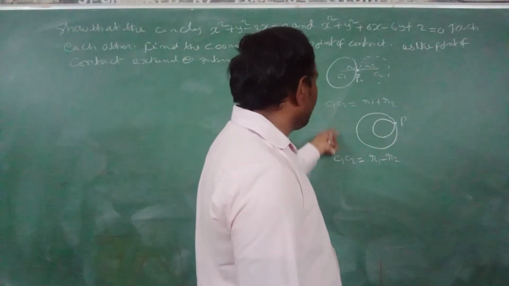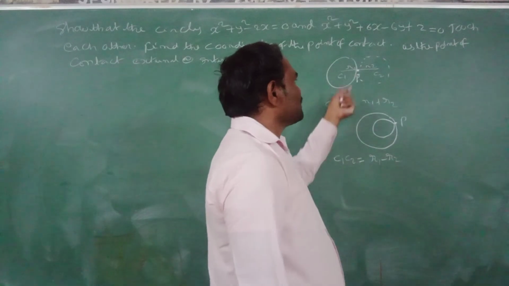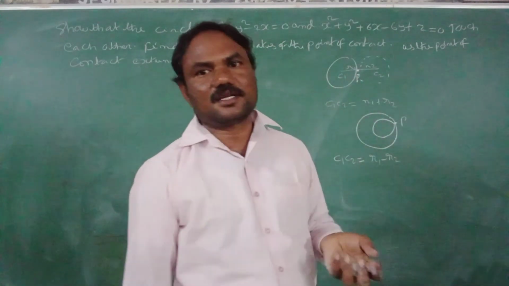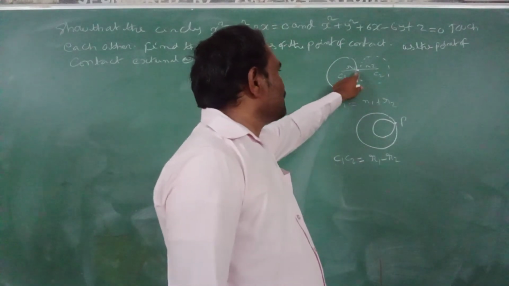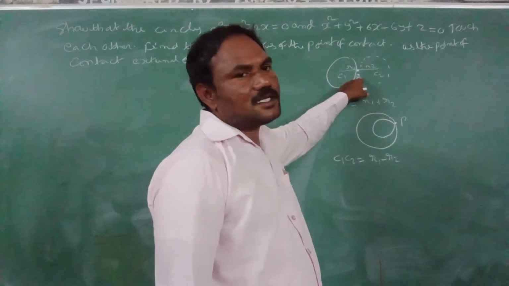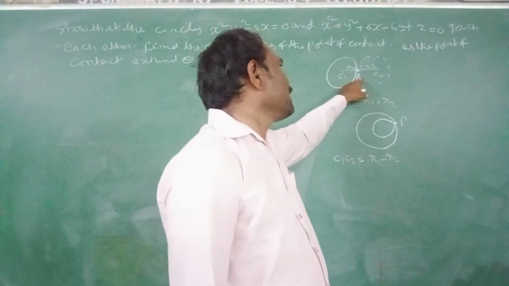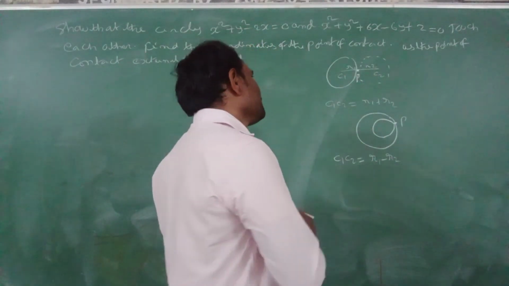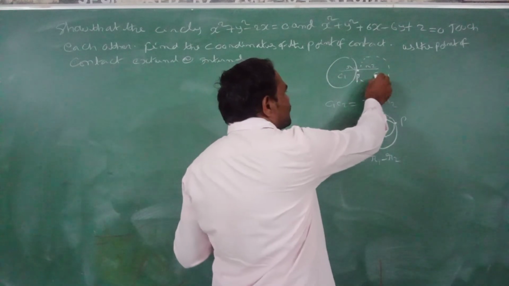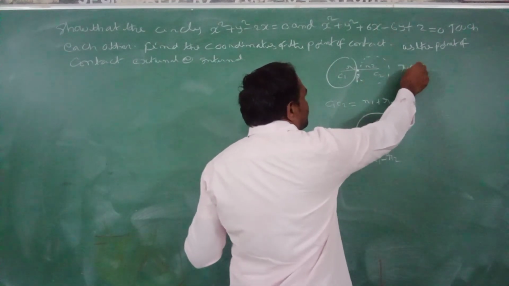After verifying this, we say whether the circles touch each other externally or internally. For example, if the circles touch externally, the point of contact is P, and P divides the line joining C1 and C2 in the ratio R1 is to R2.